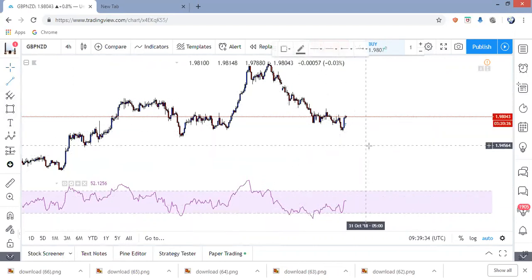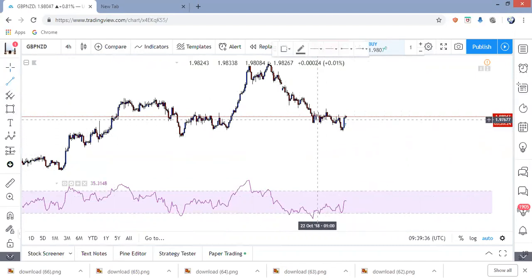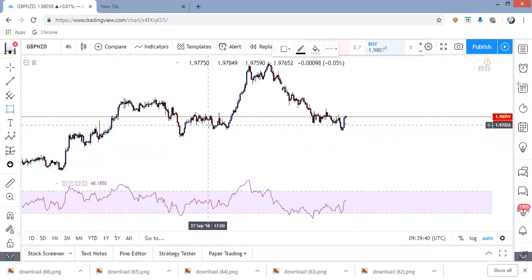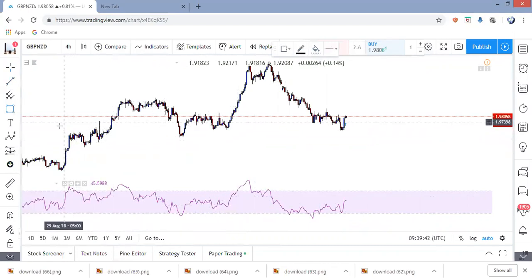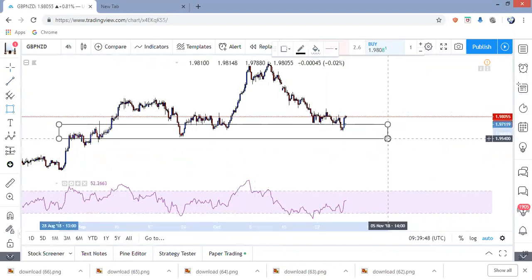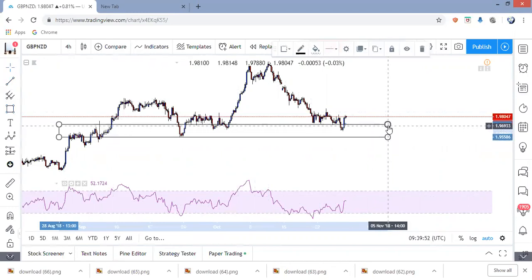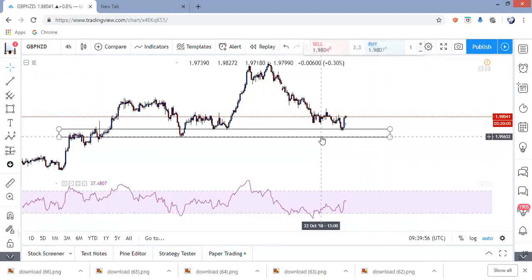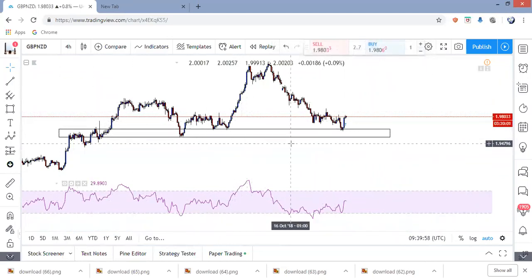So let's look here. We have this area here, which I would just start from here. There are different ways to draw your support, your demand and supply zones. So to me, this is my demand zone.